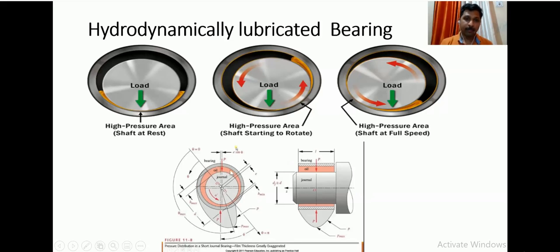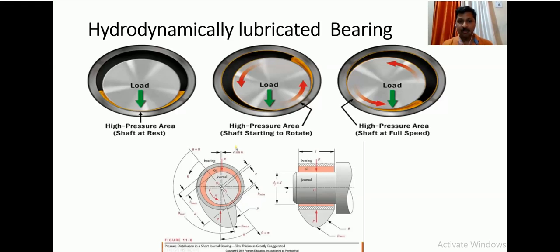If you draw the pressure profile of the lubricant between the journal and the bearing, then on the cross section of the journal we will have a pressure profile like that. If we see the pressure profile in the longitudinal direction of the journal, we will have the maximum pressure at the center of the bearing, whatever the length.